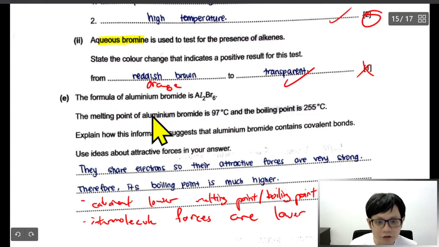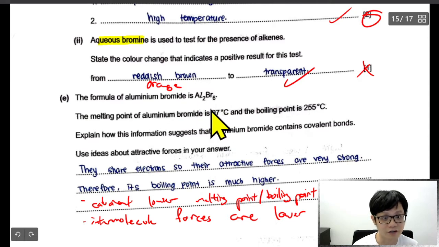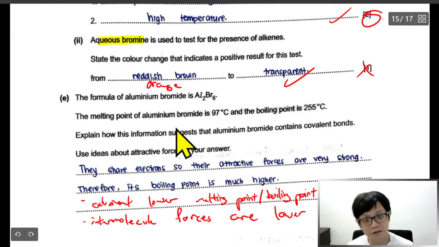Okay, so the formula for aluminium bromide is Al2Br6. So bromine is -1, and aluminium is +3, correct or not? The melting point of aluminium bromide is 97 degrees and the boiling point is 255.